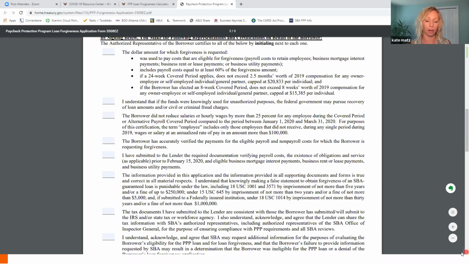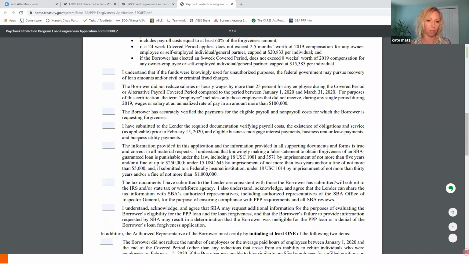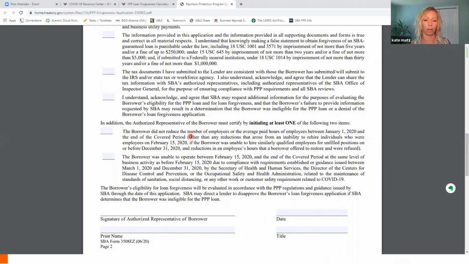And then at the bottom of the application, there are a couple of questions that again get at your ability to use the EZ application. This is looking at whether you had any changes in your level of employees, so if you had reductions in your FTEs. For our company A, that was a Schedule C. This first one here, the borrower did not reduce the number of employees or average paid hours of employees, would be the one that the Schedule C folks would initial.